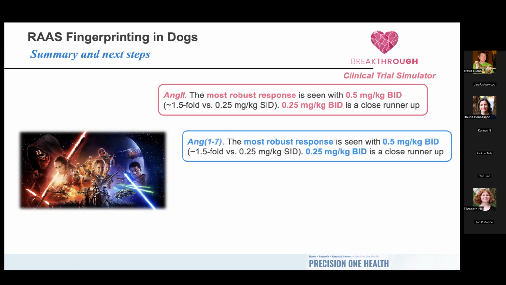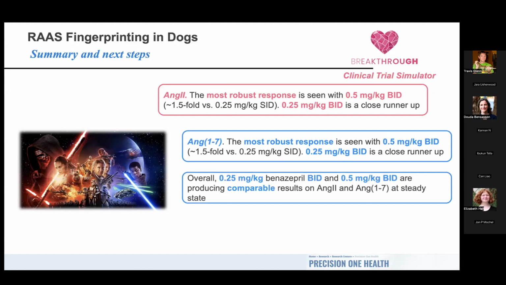For Ang 1.7, same thing. The most robust response was also seen with the higher dose of 0.5 mg per kg twice a day. And as we did see for angiotensin 2, if we had run the simulations for the 0.25 mg per kg twice a day, we also had about a 25 to 30% difference compared to the higher dose. Also a fairly close runner-up versus the high dose.